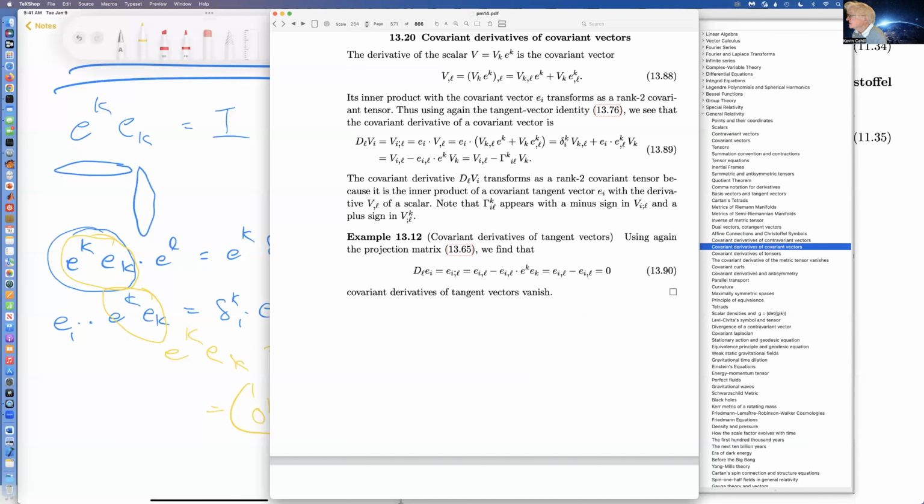Well, I meant 13.1 and 13.3 in the book. So it's the ones in the book.